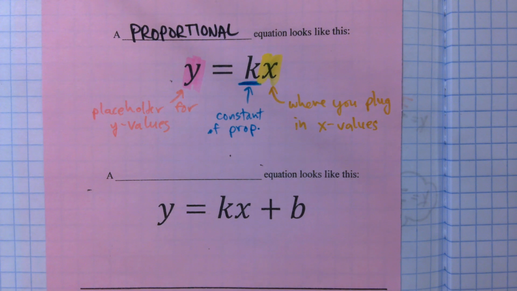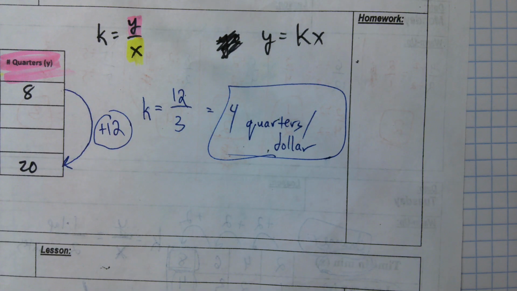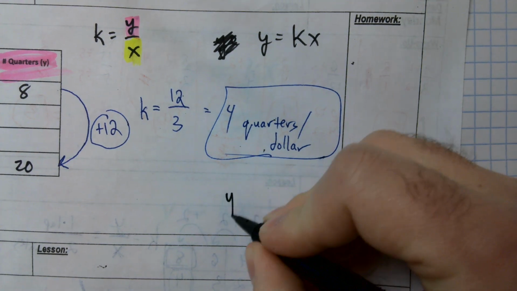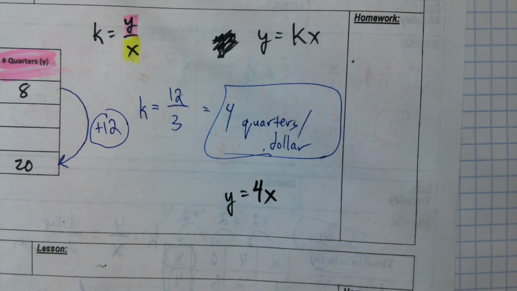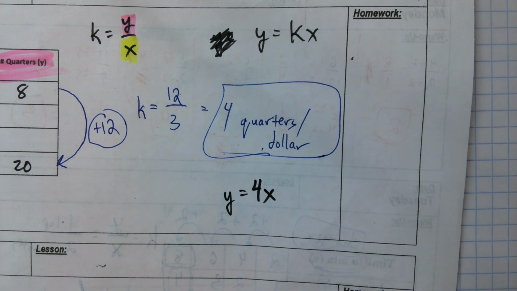In our warm-up, if I look back at it, we found that k was equal to 4. So if I wanted to write the equation for this relationship, I would say y is equal to 4x. Right? That's my equation.